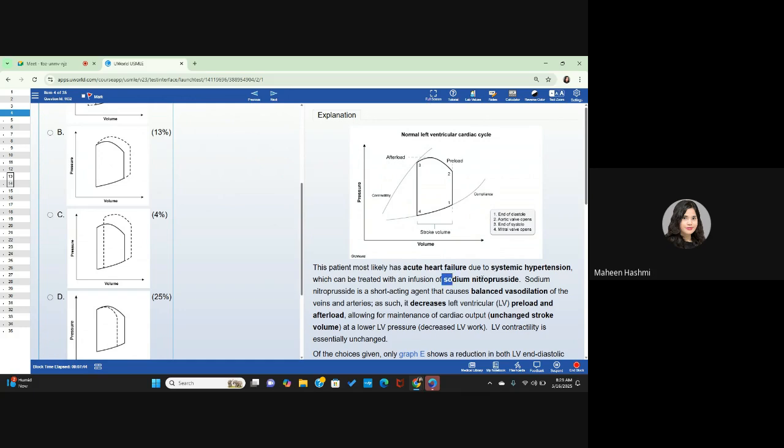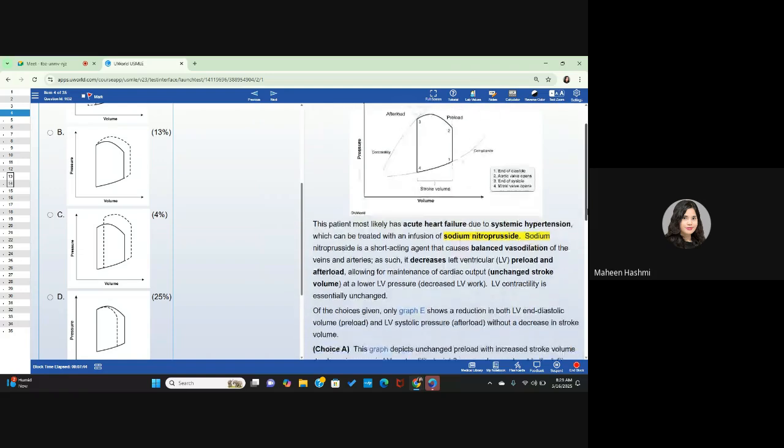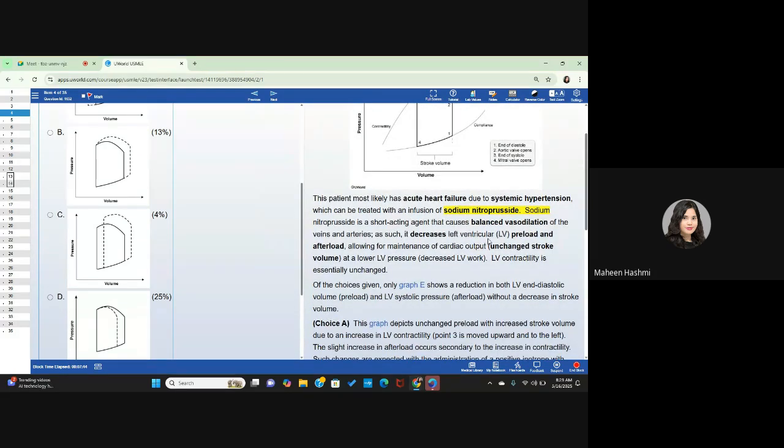Again, I told you guys that nitroprusside or nitroglycerin we usually give, I don't know if you've read through in First Aid and Pathoma, that nitroprusside or even nitroglycerin, they reduce the preload. And why are they reducing the preload? So as to decrease the pressure on the heart. They not only decrease the preload, but nitroprusside also decreases the afterload as well.